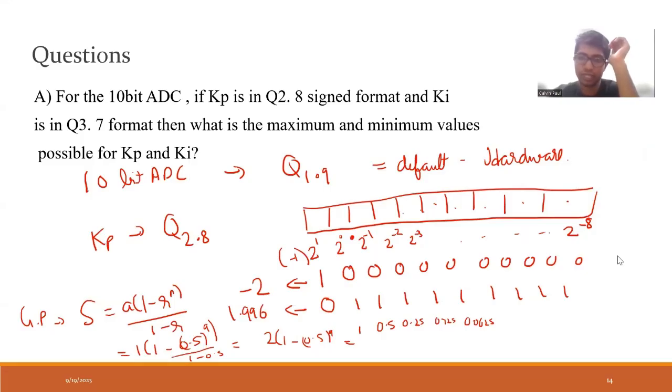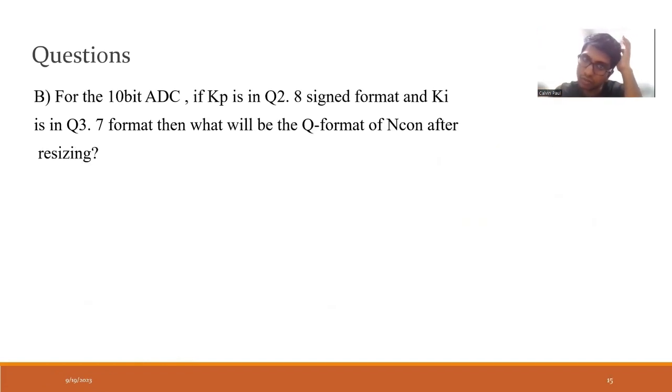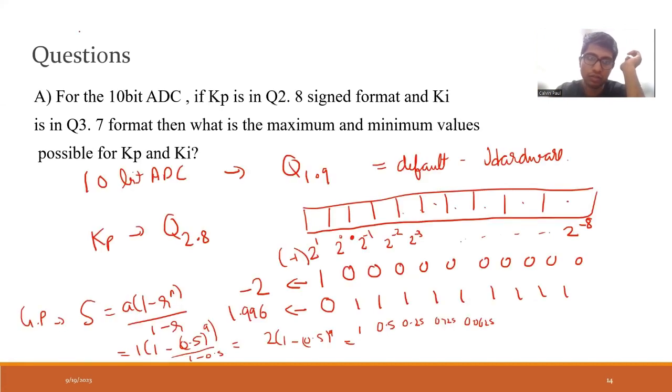So that's how we did it for the KP of Q2.8. Now let us consider Q3.7. Can anyone tell me what the maximum and minimum value will be for Q3.7?